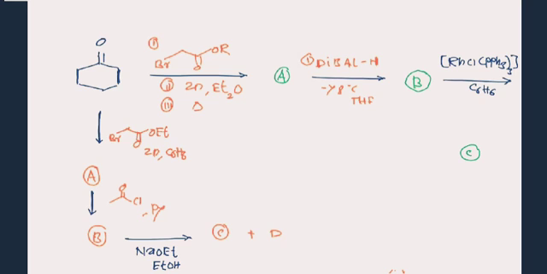One is 99% and the other is 1%. Now you have to identify which one is C and which one is D. The percentages are given to you now. This is another application of that particular reagent.